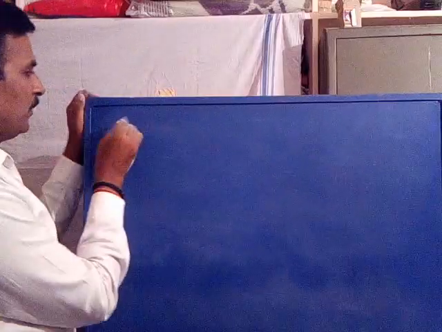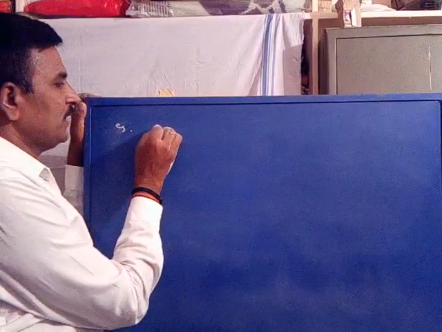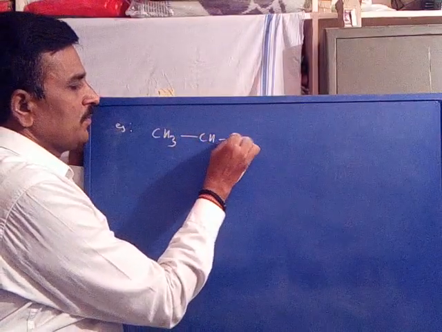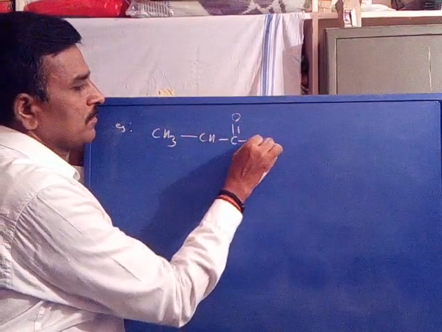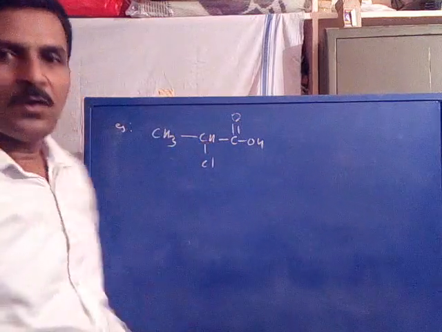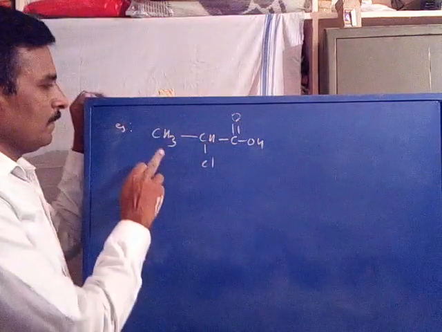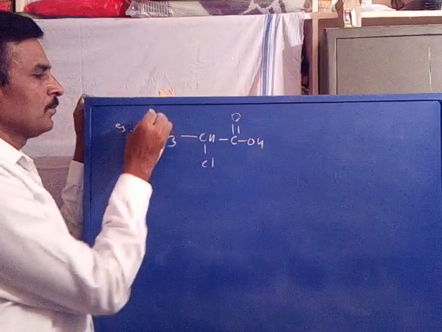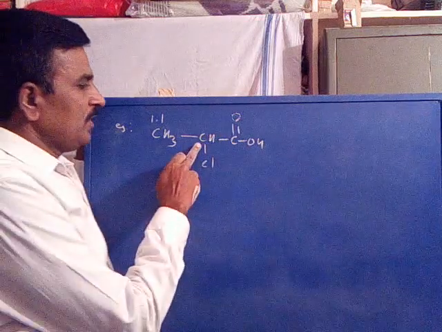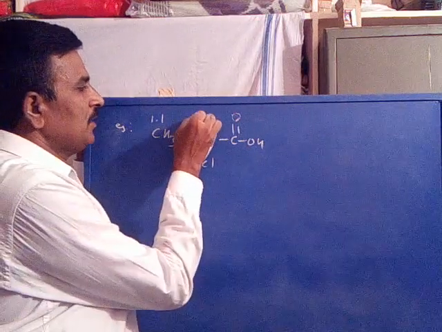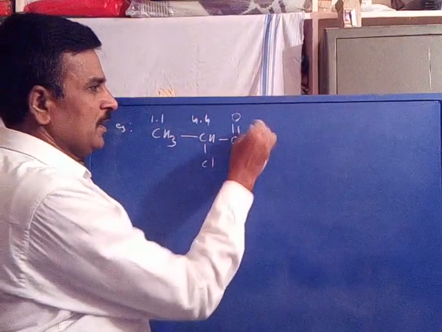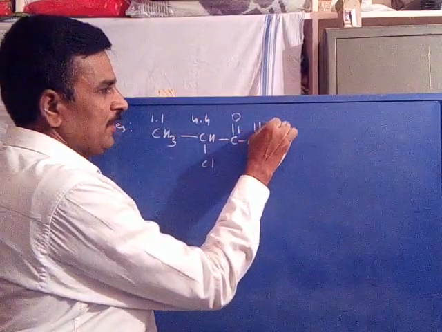Coming to another example, alpha chloropropionic acid, CH3, CH with chlorine, COOH. The delta values are 1.1 for CH3, 4.4 for CHCl, and the OH proton appears at 11.4.